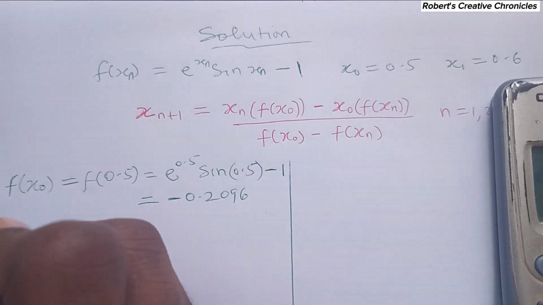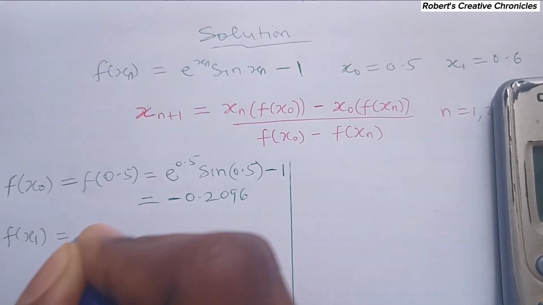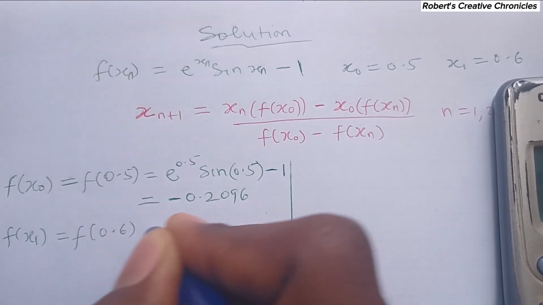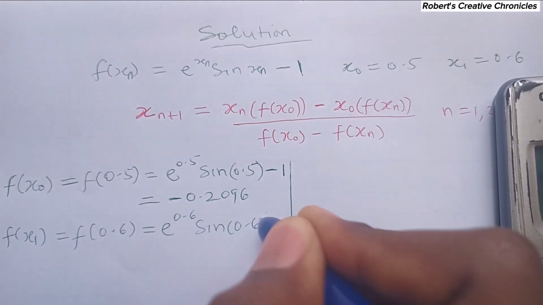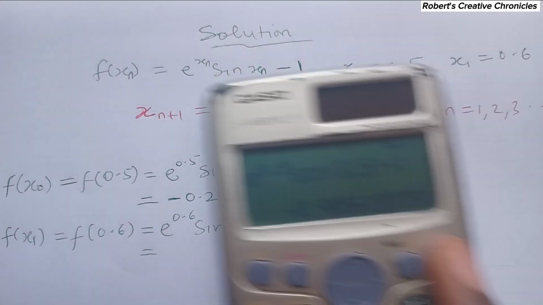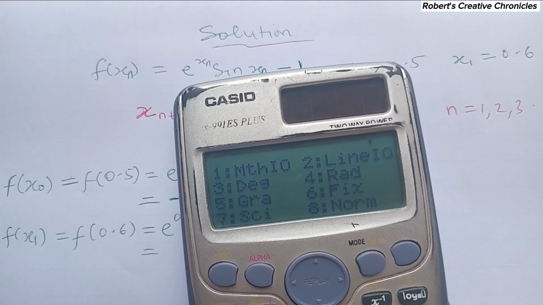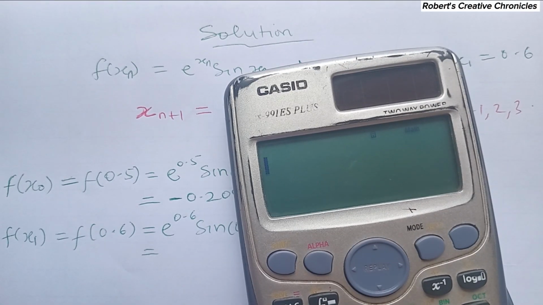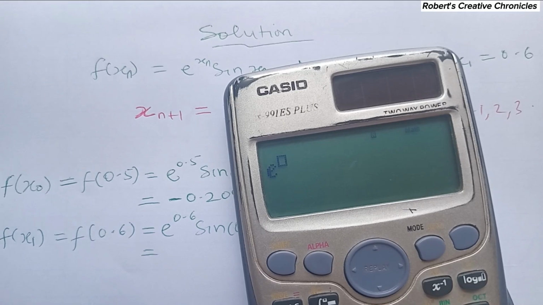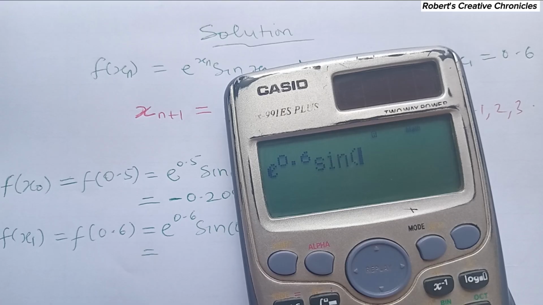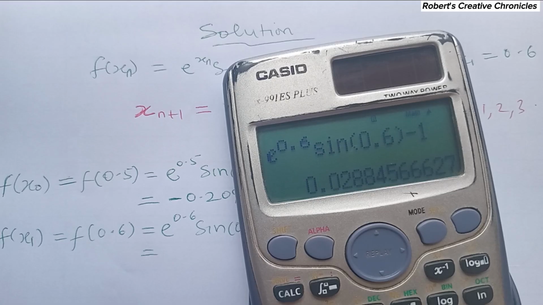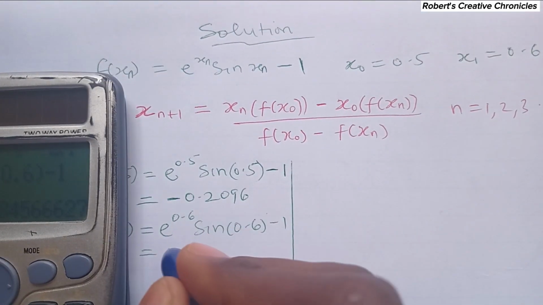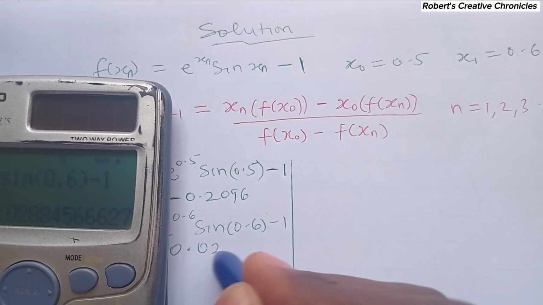So now the next one, f(x1) equals f(0.6), which is e^0.6 sin 0.6 minus 1. This is 0.02884.